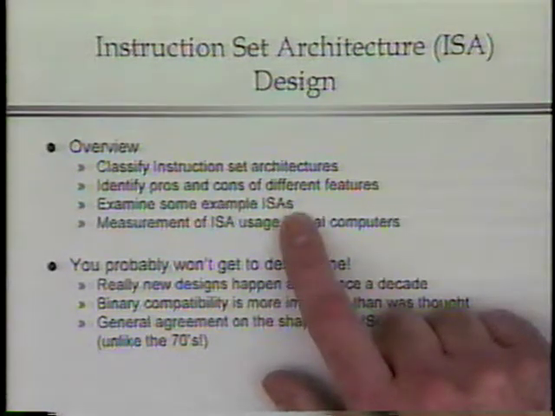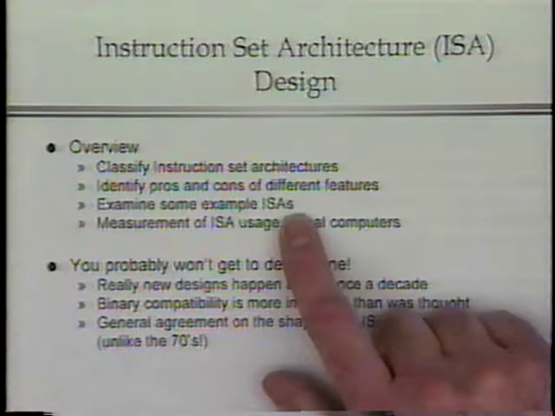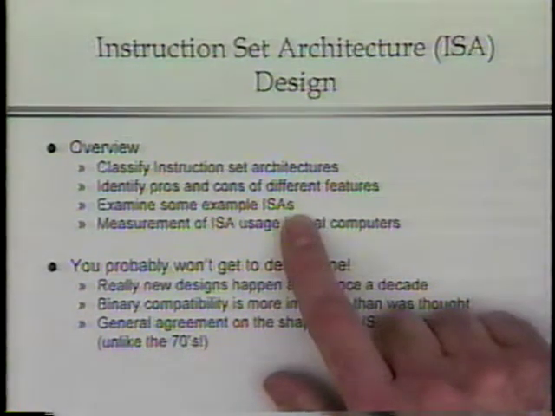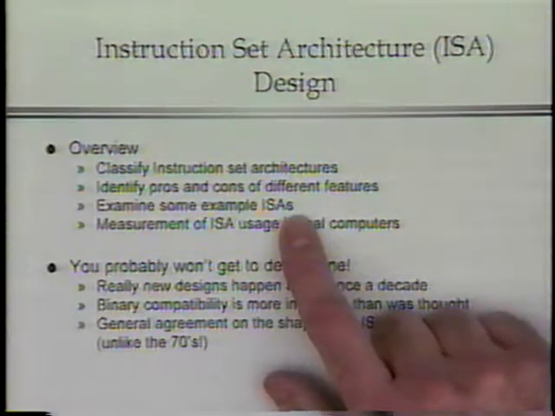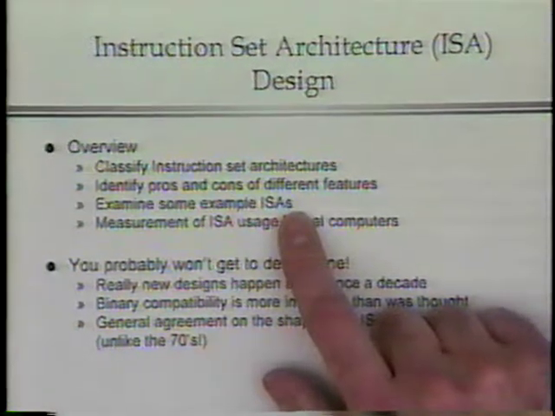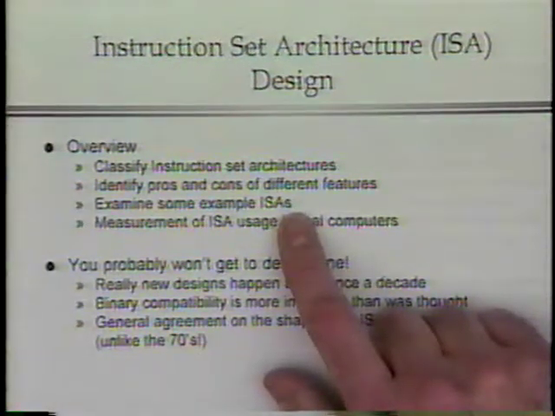The example instruction set architectures we'll look at in detail are the VAX instruction set, which is an example of a complex instruction set, the 8086 instruction set, which is an example of a popular instruction set, which may have no other redeeming features, and a typical RISC instruction set. We'll look at something which looks most like the MIPS, although many of them are so similar that it hardly even matters.